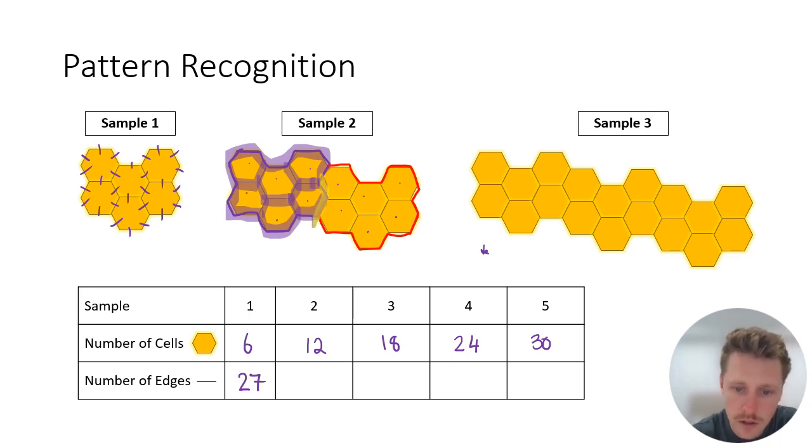So along here, right, 3 of these edges count twice. So we're not really adding on 27 new edges. The number of edges we're actually adding on is 24. So what we can do is say that the number of edges for sample 2 is actually going to be 27 plus 24. 27 plus 20 is 47.